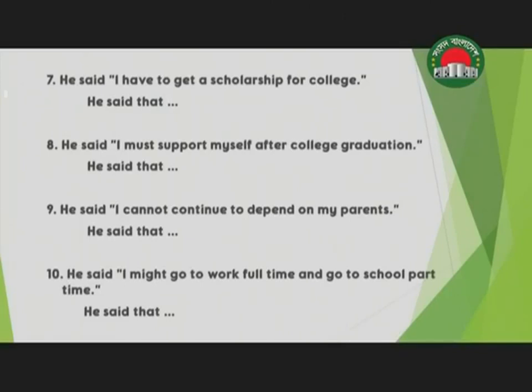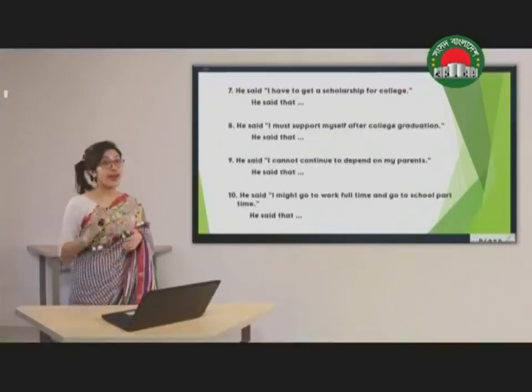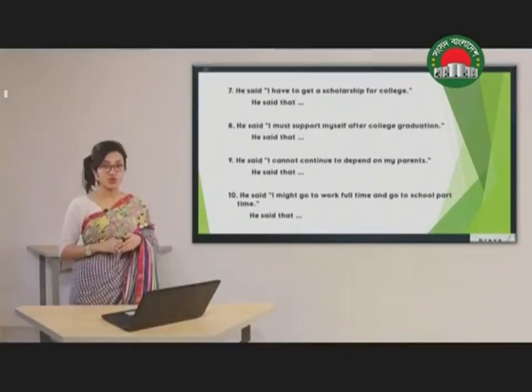Number 8, he said, I must support myself after college graduation. Number 9, he said, I cannot continue to depend on my parents. And lastly, number 10, he said, I might go to work full-time and go to school part-time. So write the questions in your HW script and do not forget to do the homework.